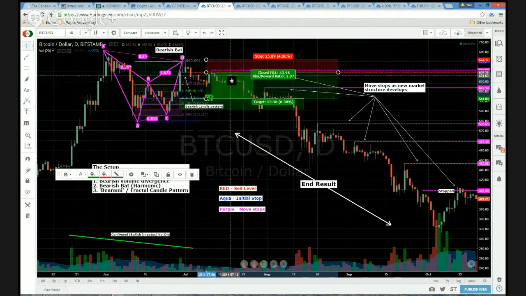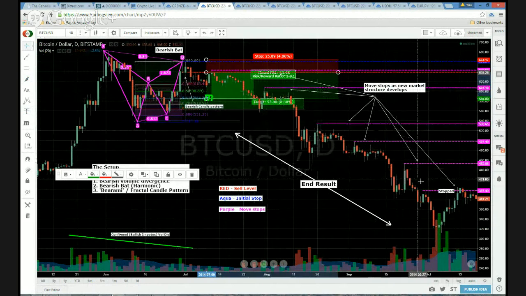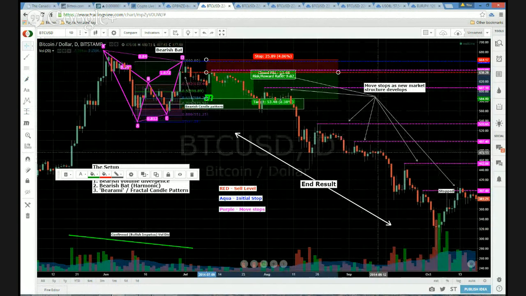And finally, how advanced traders, and trust me, this is not something brand new traders should try right away, you're going to have to practice this, may have only sold a portion of their position at the target and then worked stops as the market worked lower to continually lock in profits as we got new market structure sell signals.